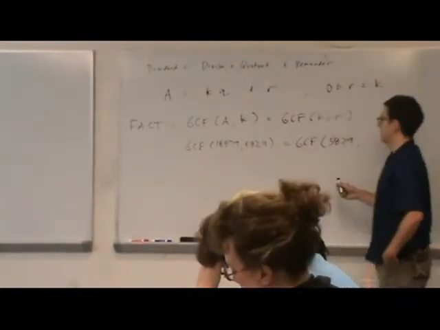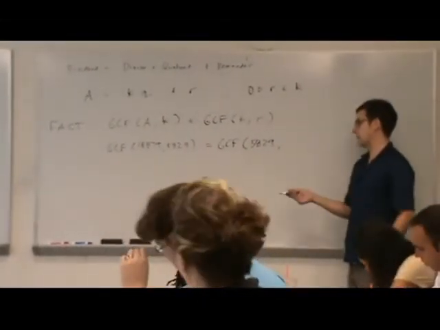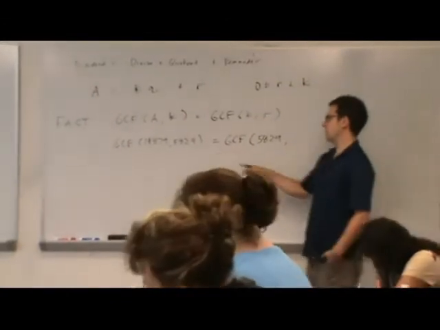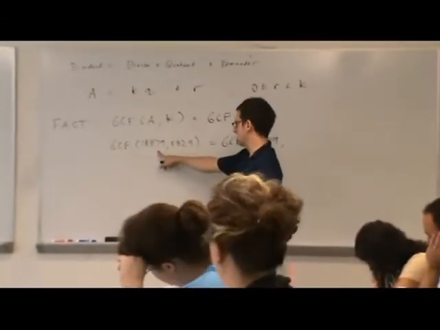I have no idea what the remainder is when one divides 18,879 by 5829. We can probably figure it out. 5829 probably goes in there, I'm guessing, 3 times.